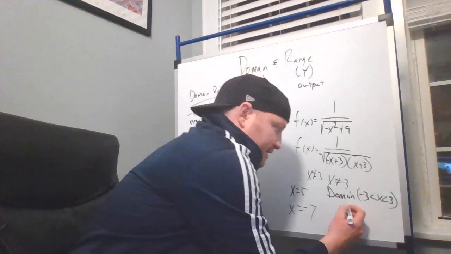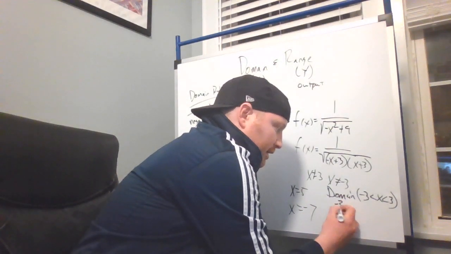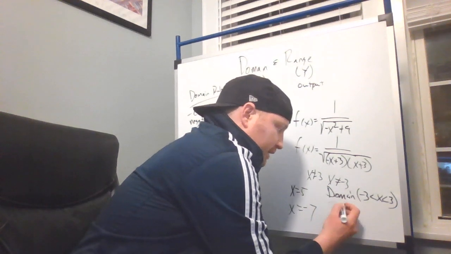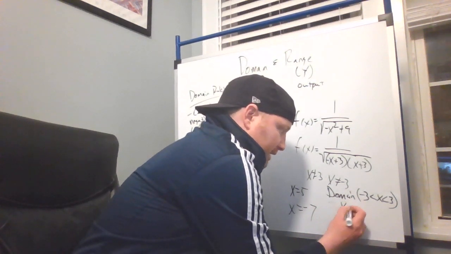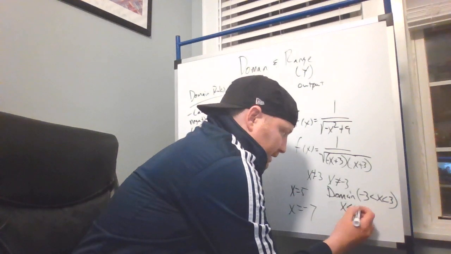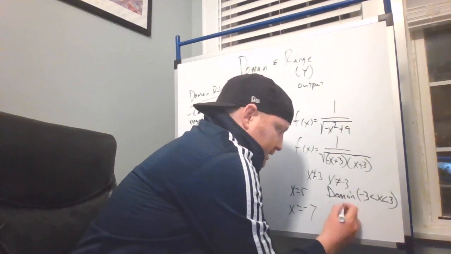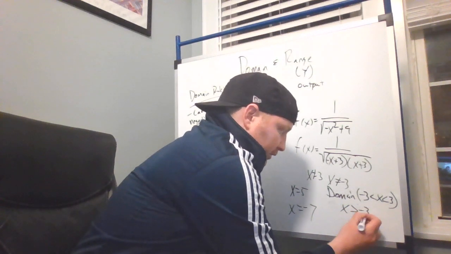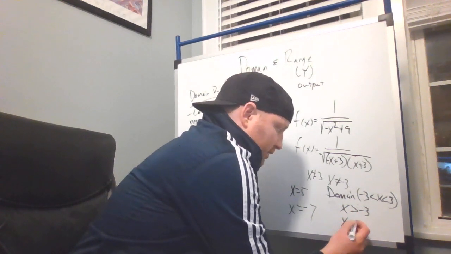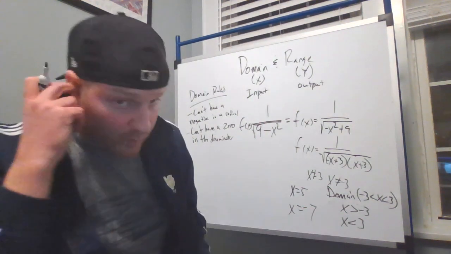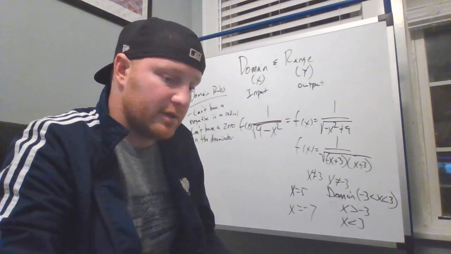Or if you want to be fancy, just be my guest, I don't care. You can write, if you want, on your own, just two separate things. If that's too confusing, you can say x is greater than negative 3, but x is also less than 3. I will accept either way to represent your domain for that situation.